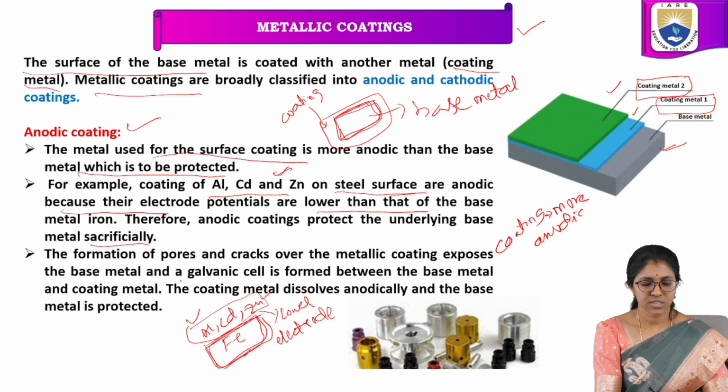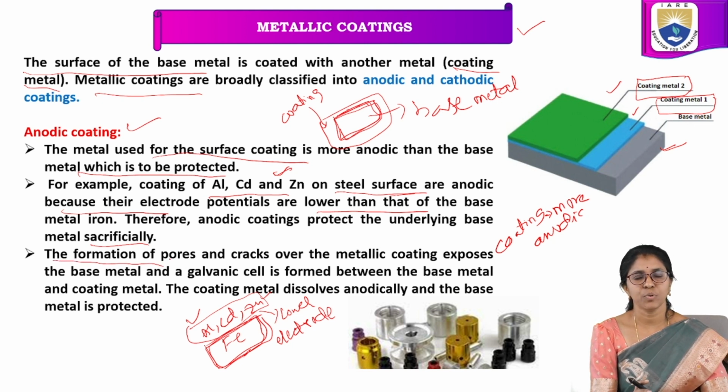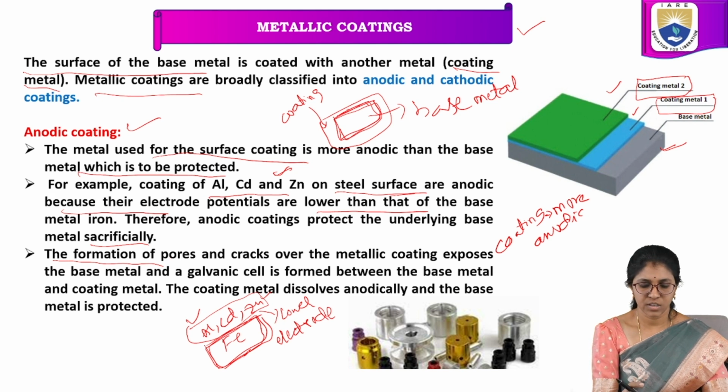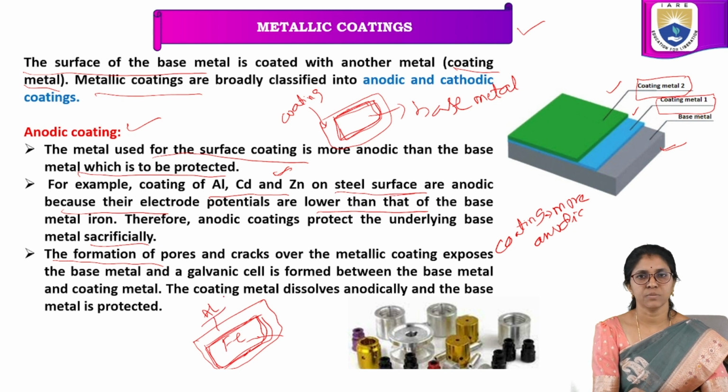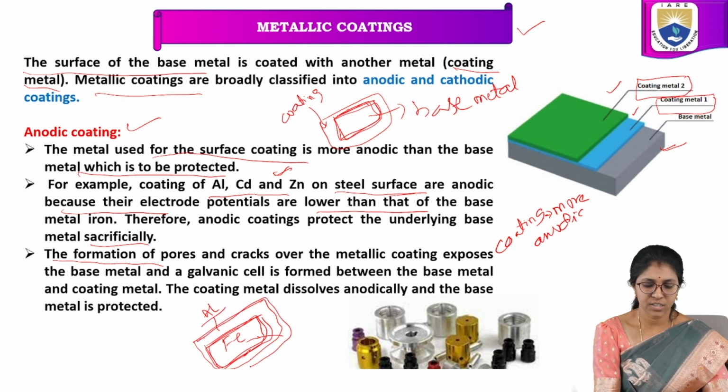If any pores or cracks form, for example in the aluminium layer coated on the iron, the base metal is exposed to the environment.